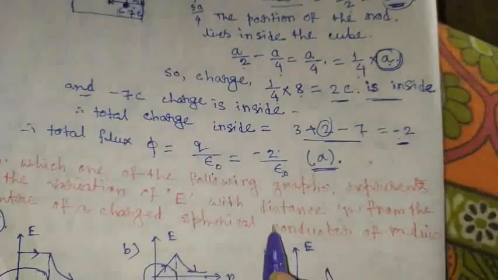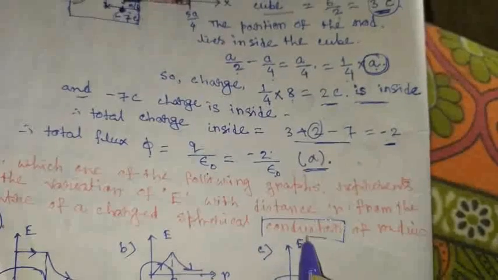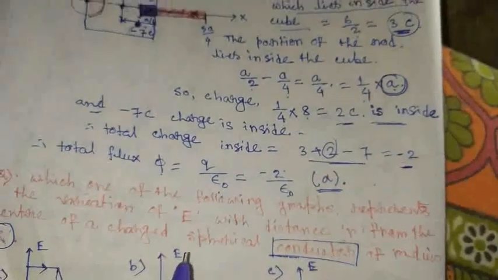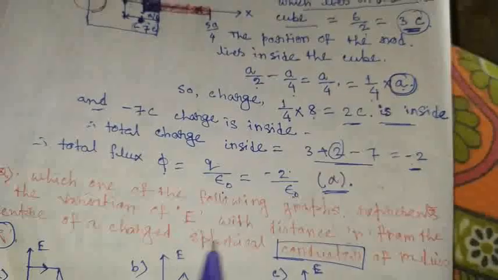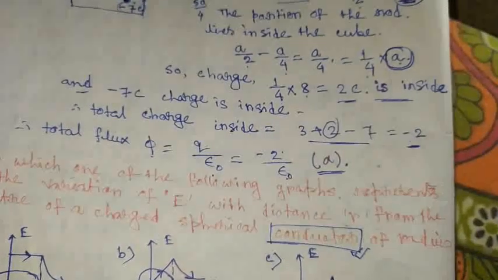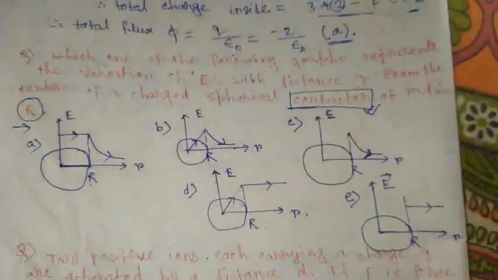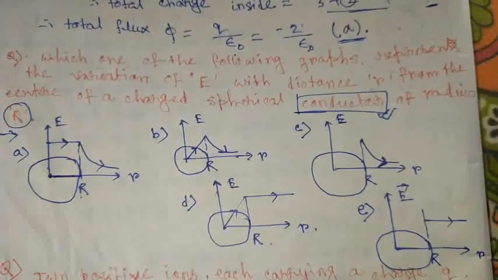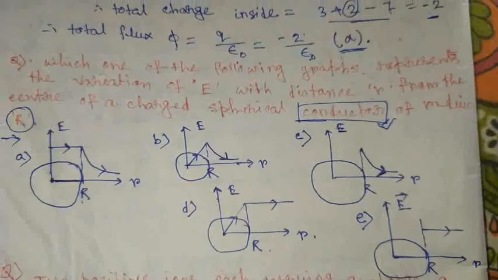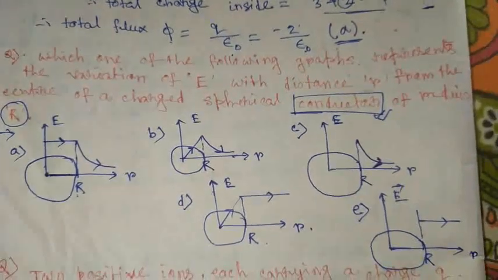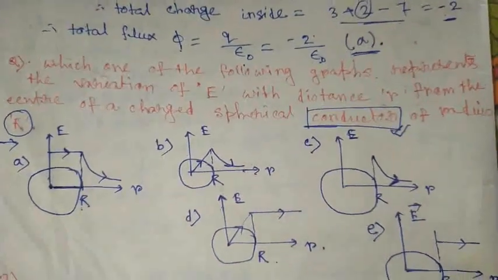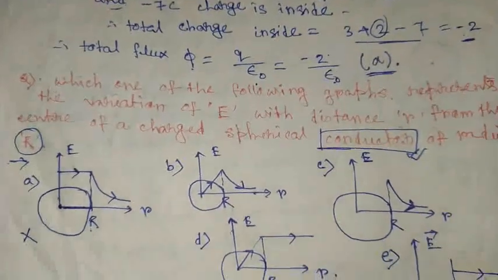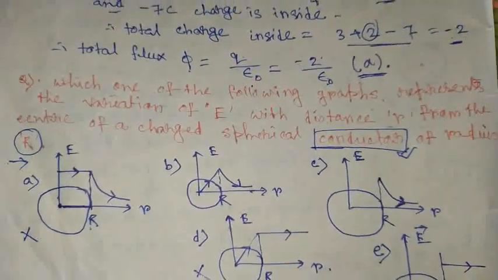Now it is given in the question that the sphere is a conductor, and we know very well that there is no electric field inside a conductor. That means there is no variation of electric field inside the conductor. That means option A, option D and option E are false.